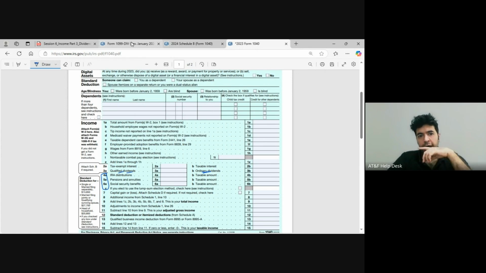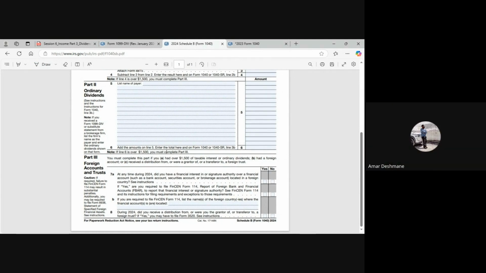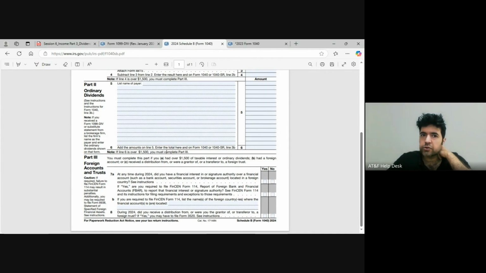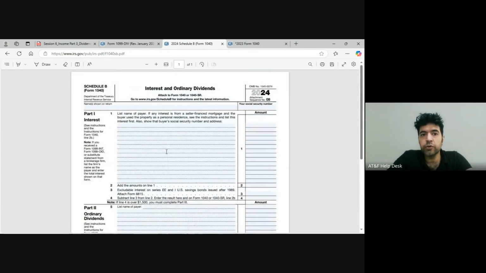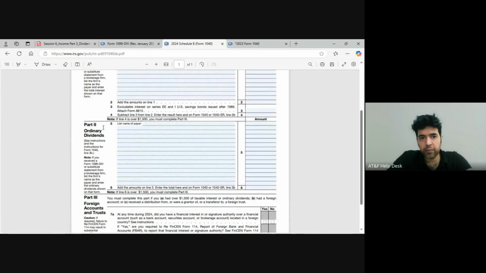Again, for dividends also, you have to attach Schedule B, just like interest, if the ordinary dividend is more than $1,500. So if dividend or interest is more than $1,500, you have to fill this Schedule B, with Part 1, Part 2 and Part 3.